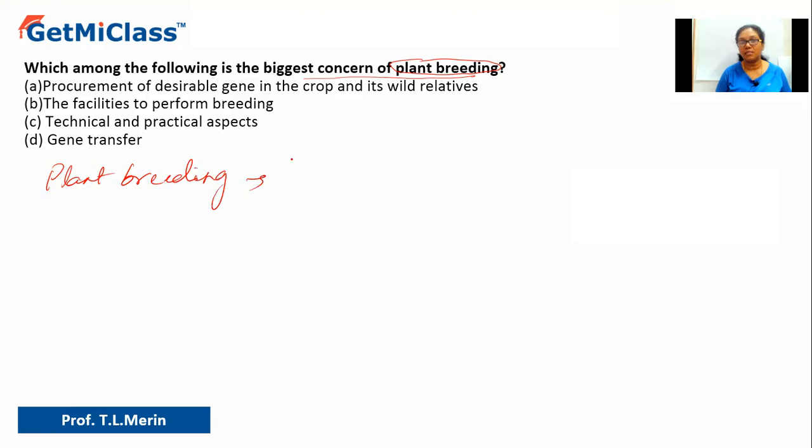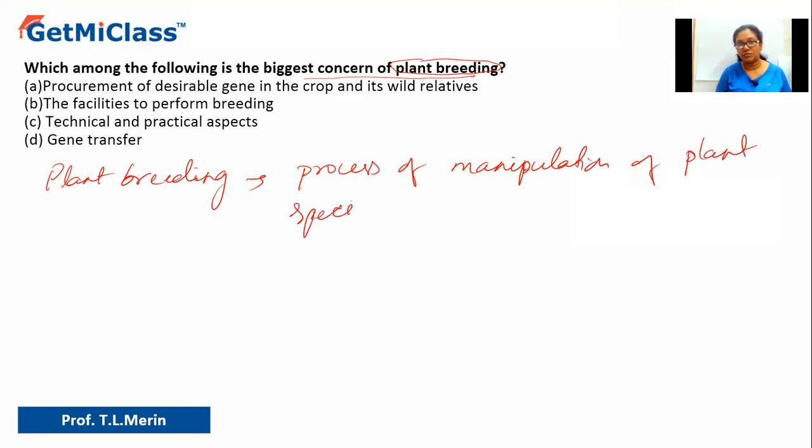Plant breeding is nothing but the process of manipulation of plant species to obtain plants with desired characteristics.